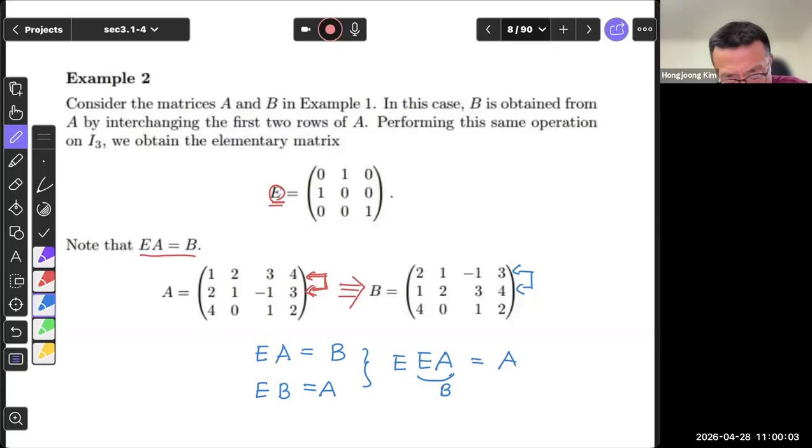So that means E times E will be the identity matrix. That means the inverse of E will be E matrix. So the E matrix is invertible. And so the inverse of E is E itself, right?